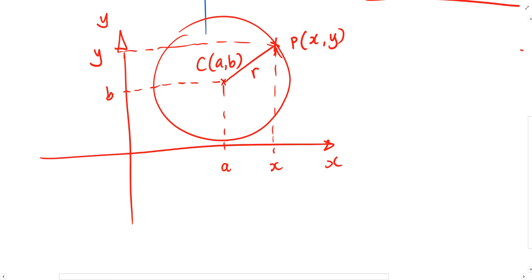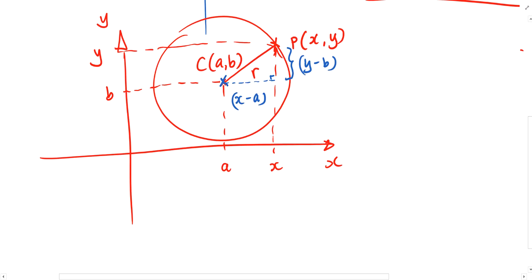Okay? From the center C over here, I can draw a right angle triangle. Now this right angle triangle, can you find the base? Can or not? Yes. What's the base? Bigger minus smaller. X minus A. That's the base. What is the height? Y minus B. So can you find the hypotenuse?